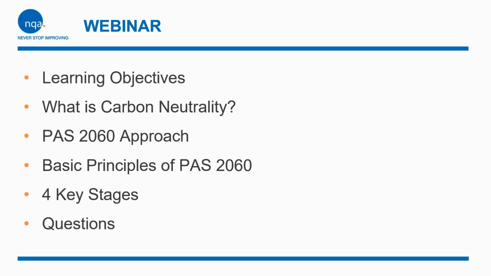So we'll just have a quick look at what we actually mean and what the standard actually means by the term carbon neutrality. We'll look at what approach PAS 2060 takes to doing that. So how 2060 manages a company declaring itself as carbon neutral. We'll look at the basic principles. We'll look at the process that the standard requires. There are 4 key stages.